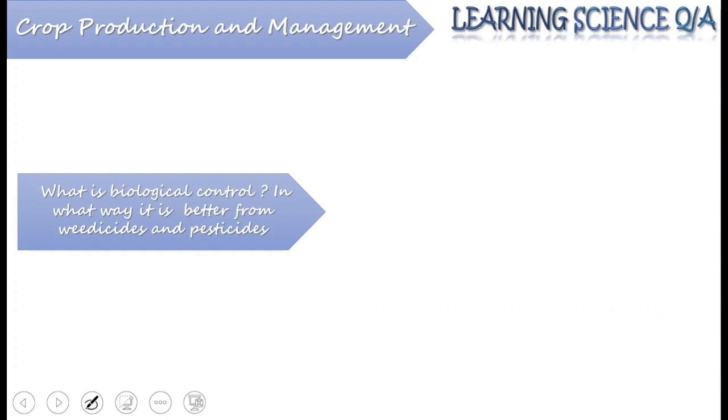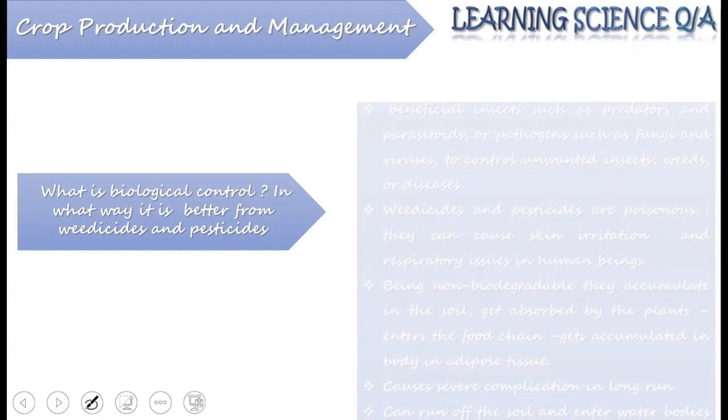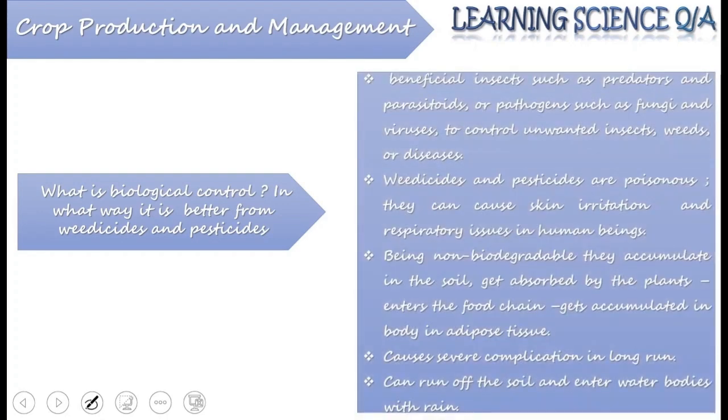Now coming to what is biological control and is it better than the use of weedicide and pesticide? We have discussed some aspects of the use of weedicide and pesticide. We already discussed that weedicides and pesticides are chemicals, hence they are poisonous.